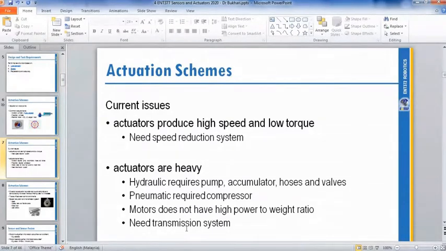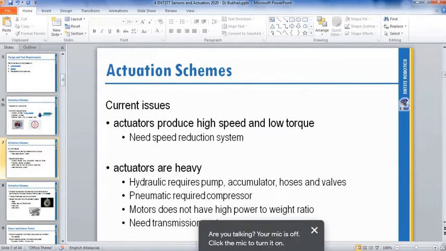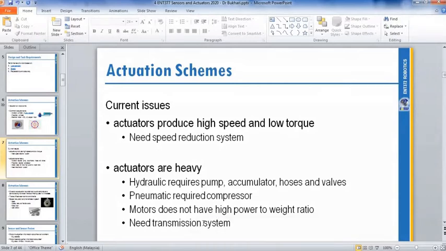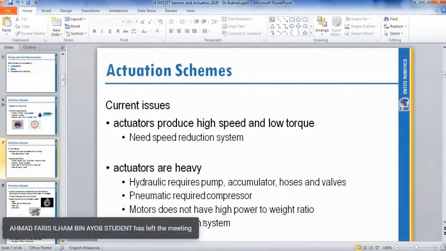If you use a motor, hydraulic, or any actuator, you need a transmission system. You may need a linear drive, the same as a ball screw. That one is heavy. It's a metal component.